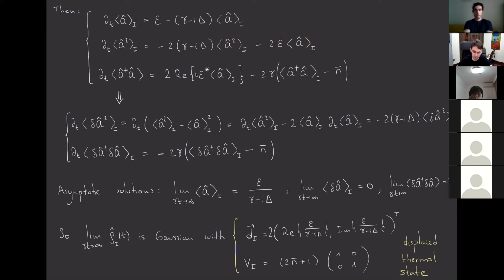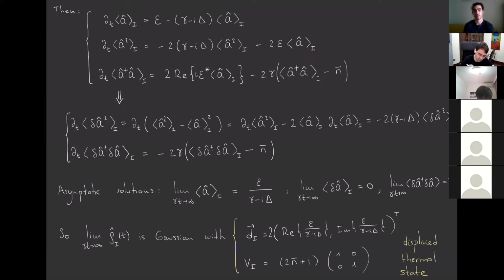Otherwise, it depends also on the first order moment. And the expectation value of a dagger a, which is what we care about. Oh, by the way, there is a typo here because here we are in the interaction picture. So I correct it. But the expectation value of the number operator evolves in time according to something that depends only on the number operator, for no driving.